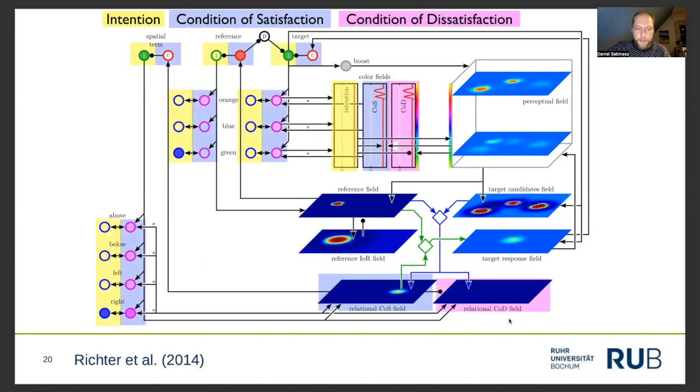And the final ingredient that we need to understand this architecture are the various conditions of satisfaction of the processes. If the relational condition of satisfaction field forms a peak, it means we have found a target candidate which stands in the given spatial relation to the given reference object.